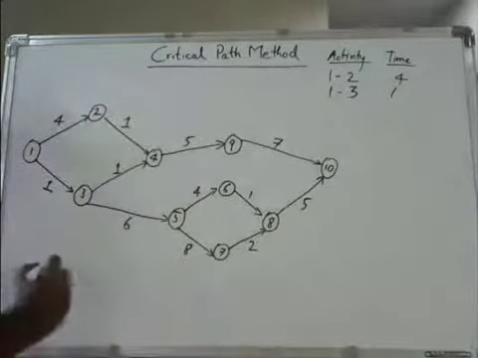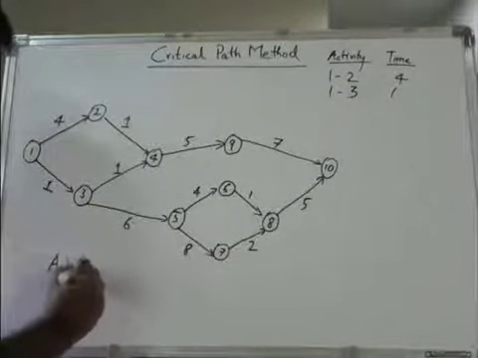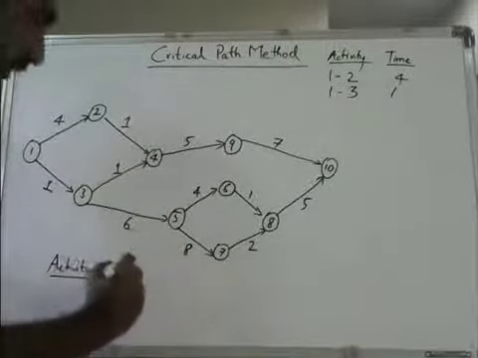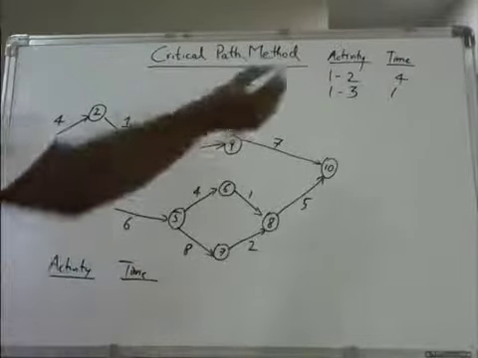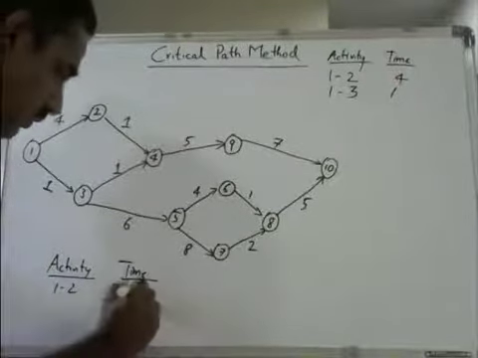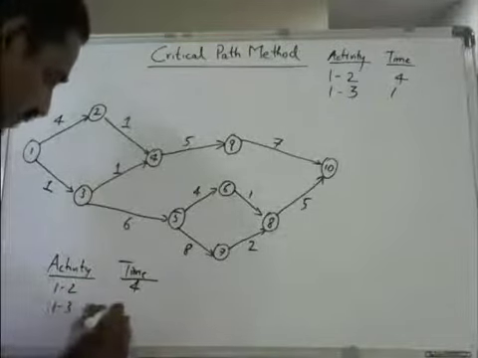So the first column is activity. The second is the time. The activity 1 to 2 is 4, 1 to 3 is 1, like this.